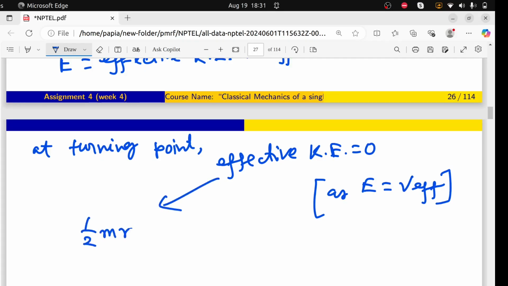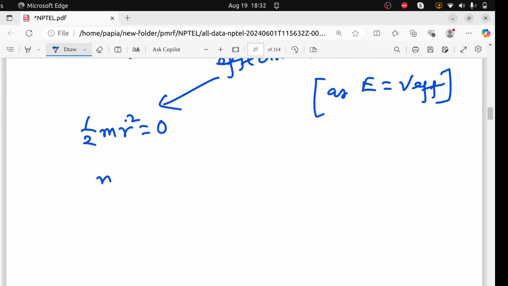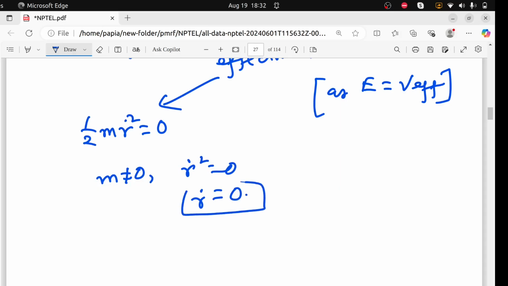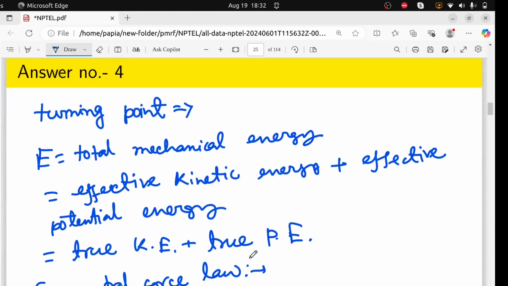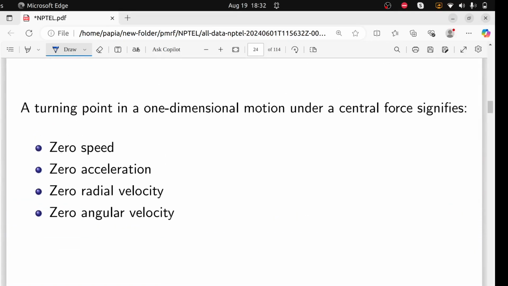This is half m r dot square, which is 0. So that means, m not equal to 0, r dot square is 0, which is r dot equals 0. So at turning point we are having r dot equals 0. And what is r dot?